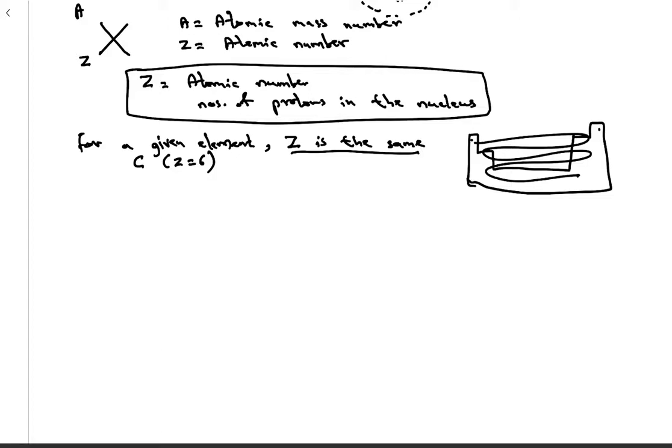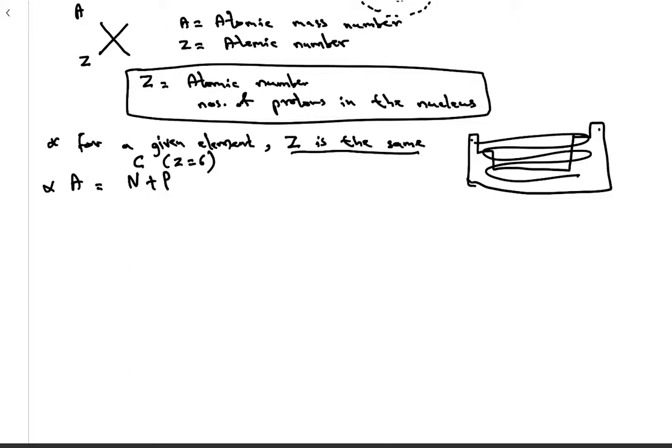So that is Z. Whereas A, which is the atomic mass number, is simply equal to the sum of neutrons plus protons in the nucleus.